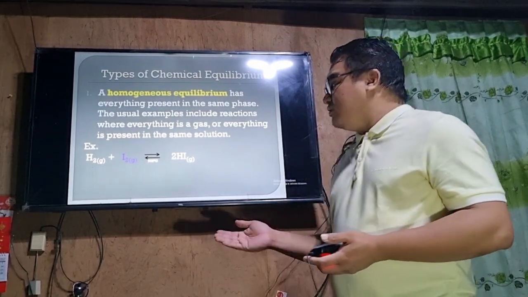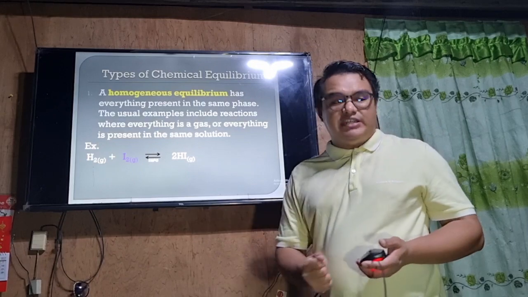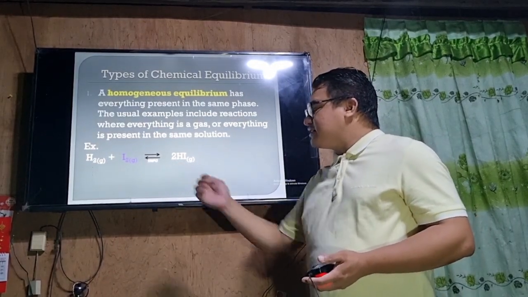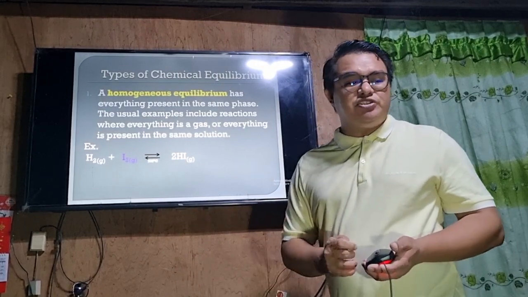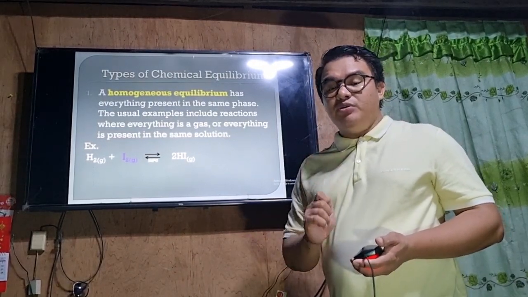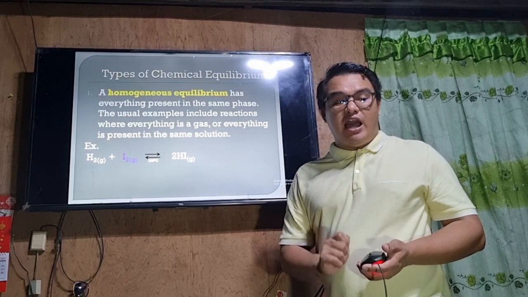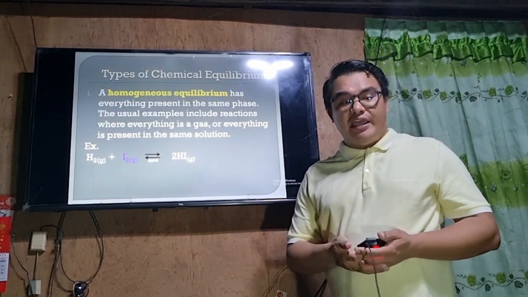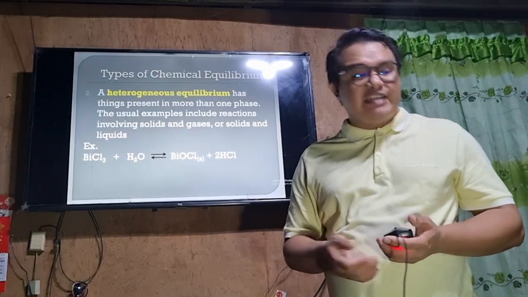Iodine, we know, is violet in color. With the introduction of heat at 763 degrees Celsius, we will have a reversible reaction producing 2 moles of hydrogen iodide in a gaseous state.